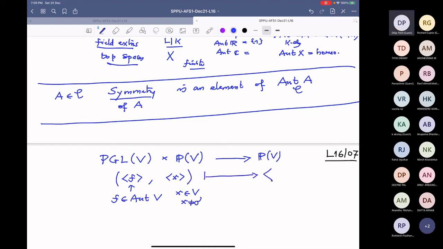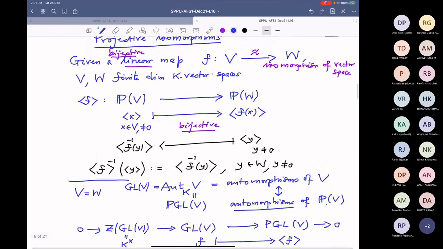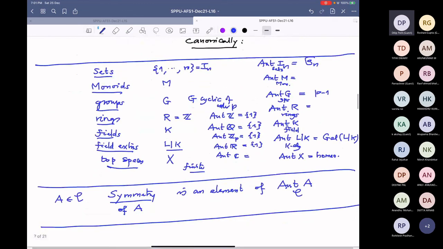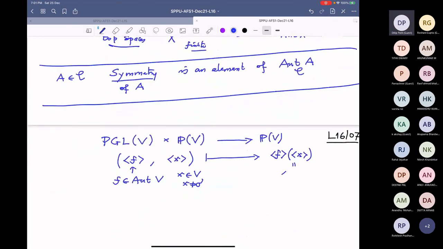It is going to F evaluated at this x. Make sense? That is what I have defined. It goes to [Fx]. So this is the operation map.